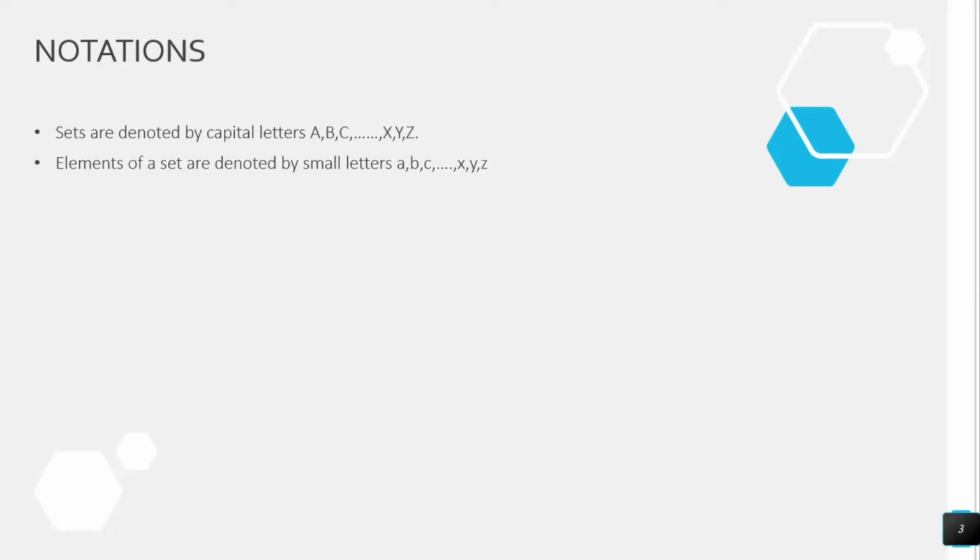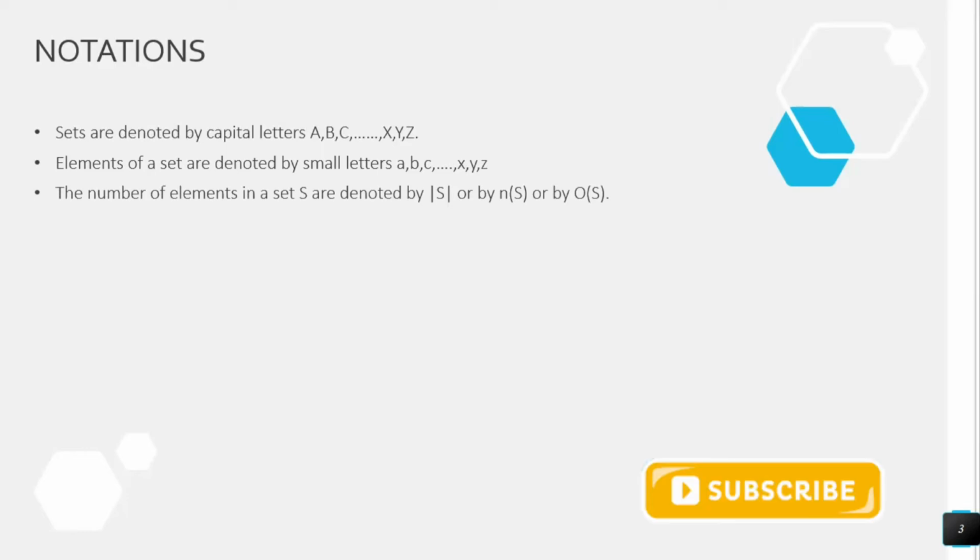The elements of the set which we have written are written in small letters. The number of elements in a set, that is, how many elements there are, we denote by n(S) or |S|.